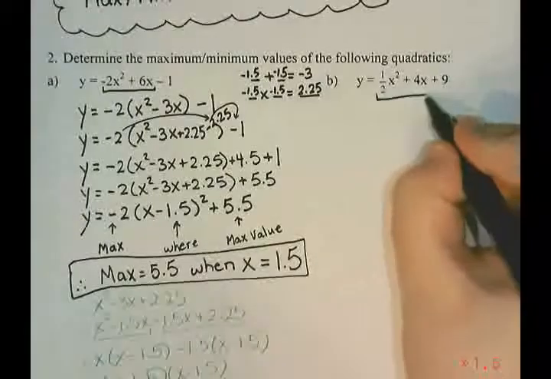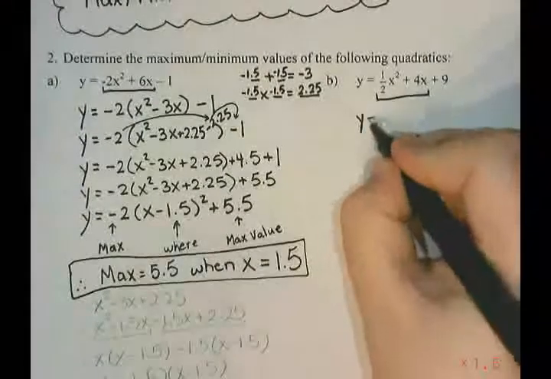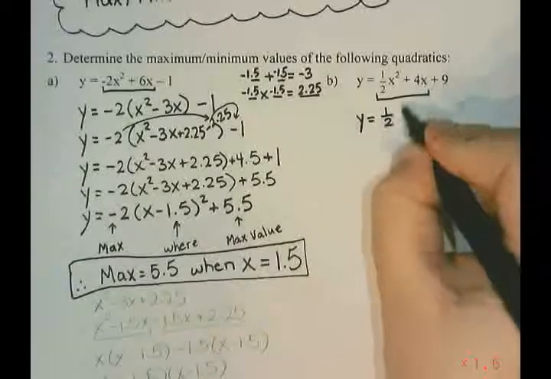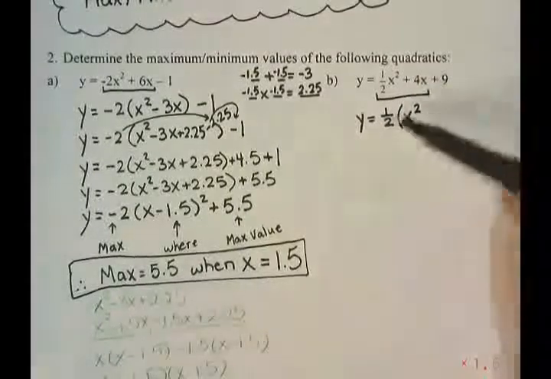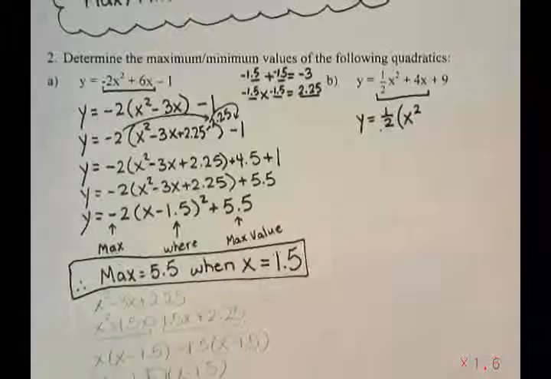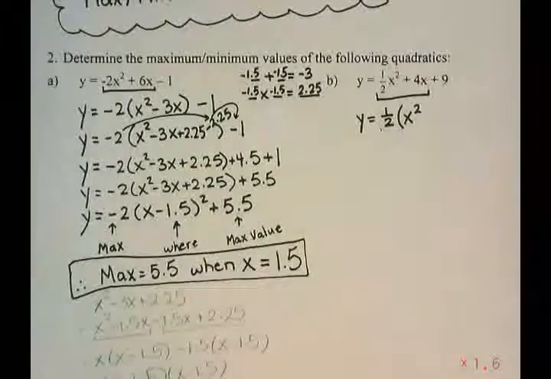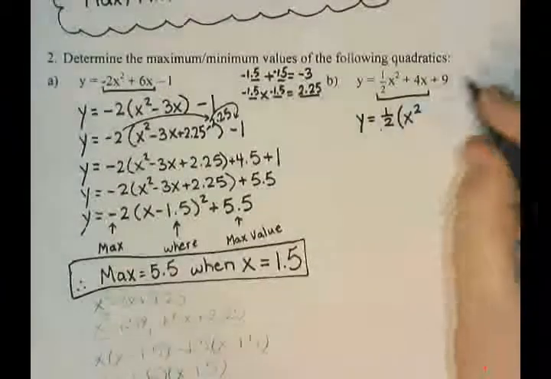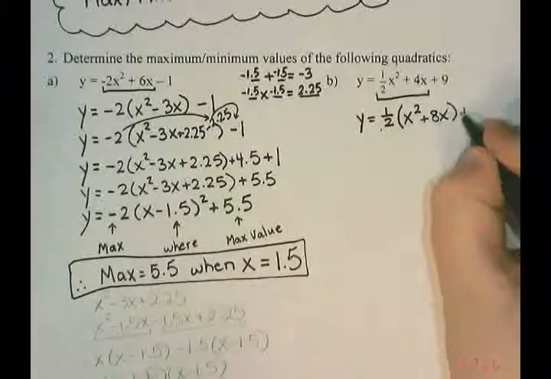So to complete the square, I'm going to group my 2, and I'm going to take out the 1/2. This is easy, it's an x squared. Now 1/2 times what gives me 4? If you're having trouble figuring that out on your calculator, you can do 4 divided by 1/2, and that would work. But 1/2 times 8 is going to give me 4.